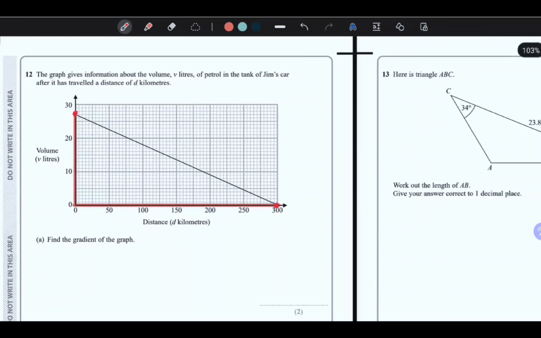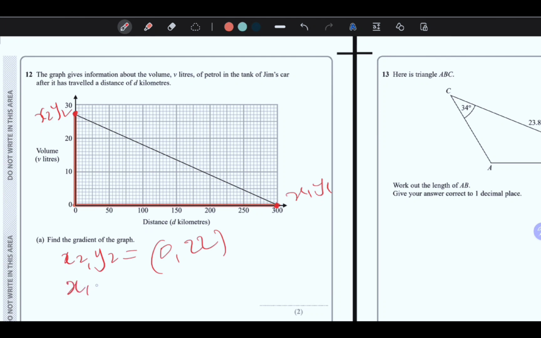So the gradient would be, let's call this x2, y2, x1, y1. So x2, y2 would be equal to 0, 22, and x1, y1 would be 300, 0.